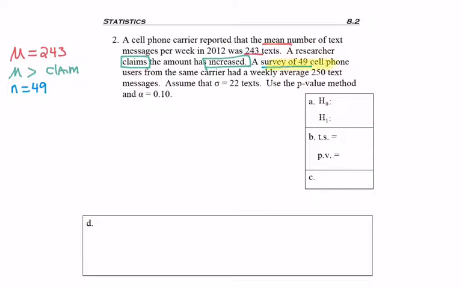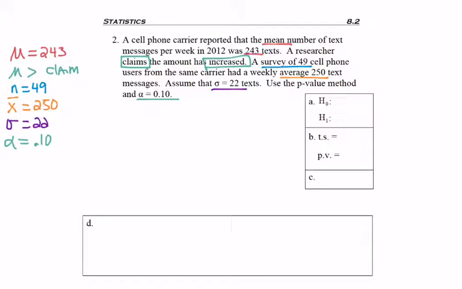We're talking about those 49 users, assuming the carrier has more than 49 users, so this is sample data. The average of 250 is my x bar, my sample average. We're told to assume that sigma is 22, the population standard deviation, and use alpha of 0.10. So I've got all my data off to the side, and I'm ready to fill in my boxes.